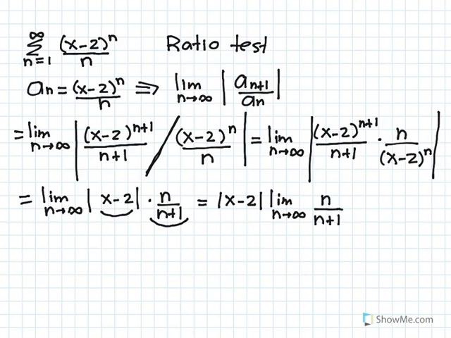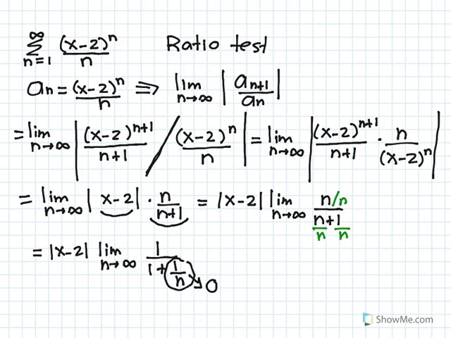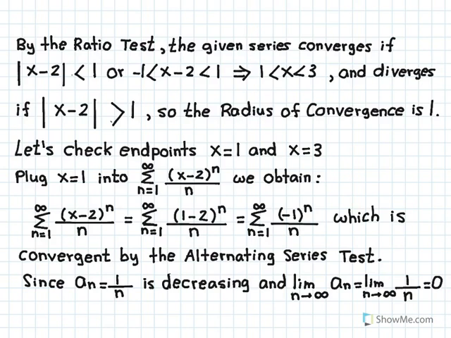Divide by the highest power in the denominator, divide by n, and we get the absolute value of x minus 2 times the limit of 1 over 1 plus 1 over n. As n approaches infinity, 1 over n approaches 0, so the result is the absolute value of x minus 2. By the ratio test, the given series converges if the absolute value of x minus 2 is less than 1.